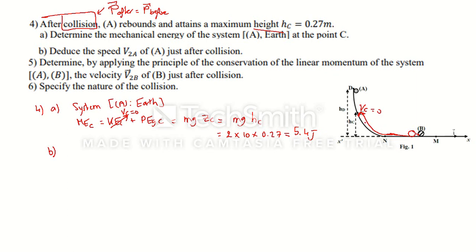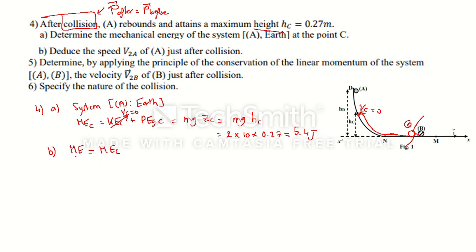But we know that along all the track, there's no friction. So this means just after the collision, if this is the position 2 after collision, and this is the maximum point, then ME at this point, after the collision, is equal to ME at the point C.